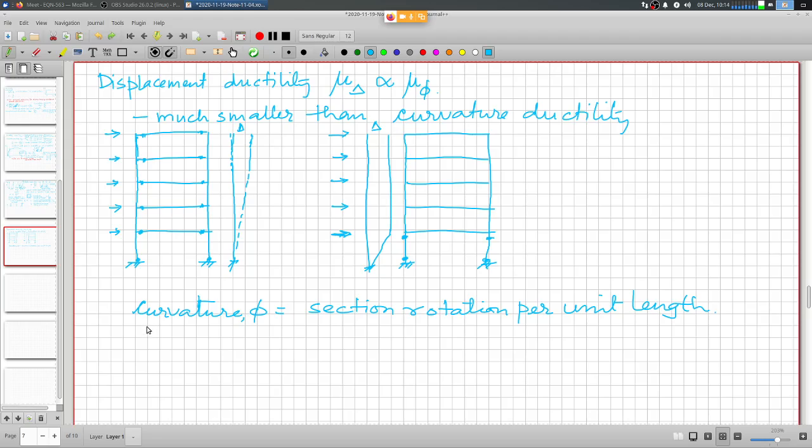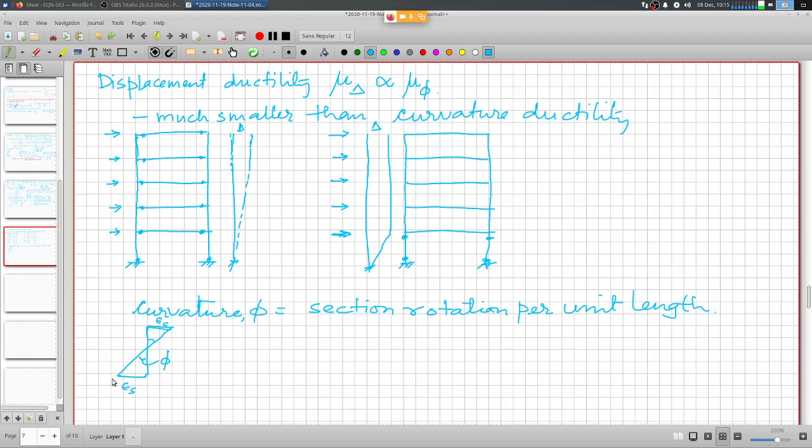If I look at the strain diagram in this cross section, according to the Euler-Bernoulli hypothesis, this is the curvature. Right?